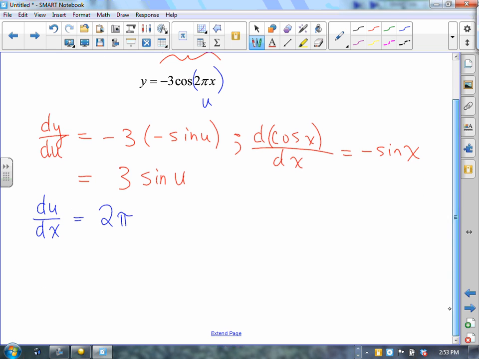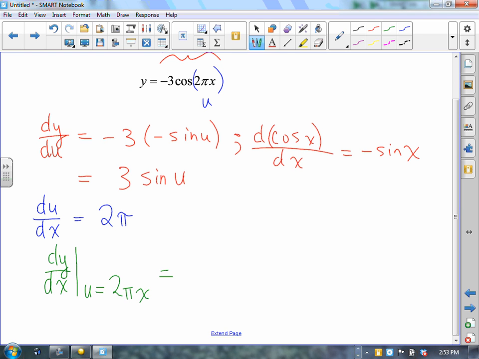So in order to finish this question off, what we need to do is to determine dy by dx when u, which we have above, is 2 pi x. So let's begin with that, and we'll substitute in the value of u into our expression.